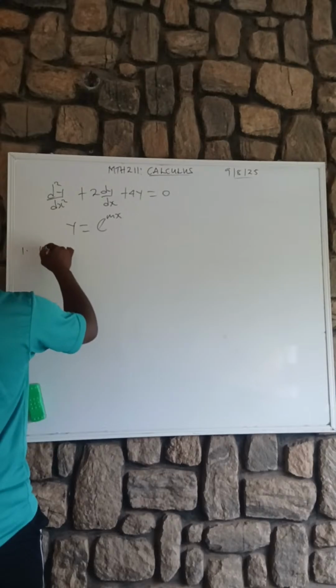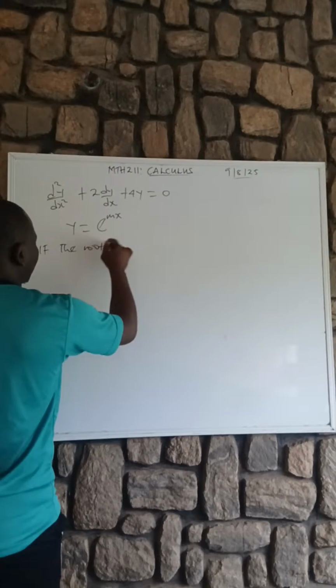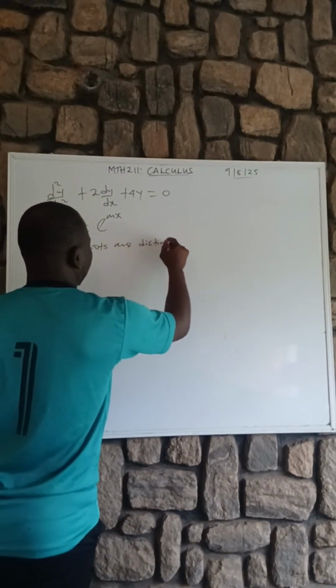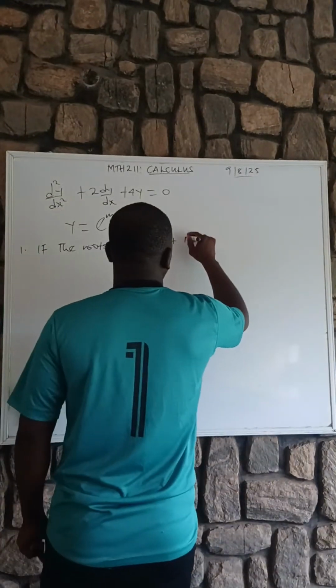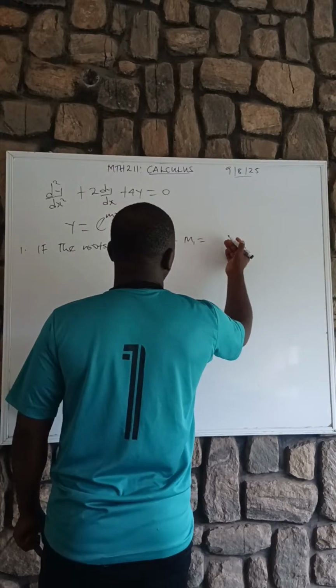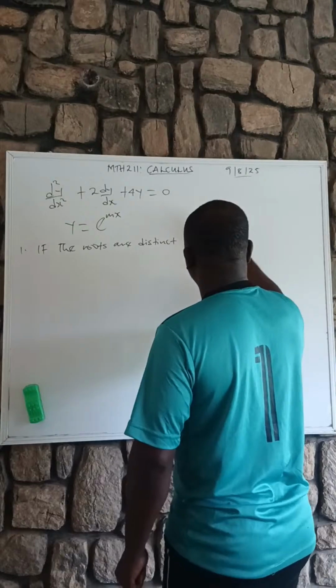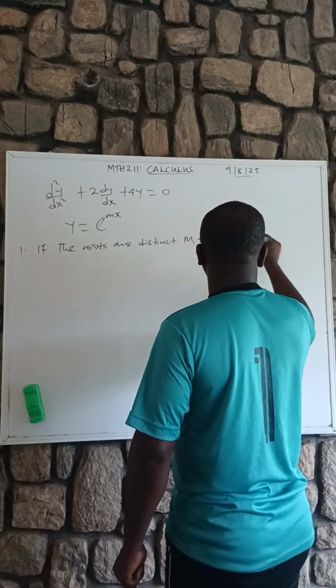one, if the roots are distinct, that is m1 maybe equals, let's just assume a figure, m1 equals 1 and m2 equals 2.